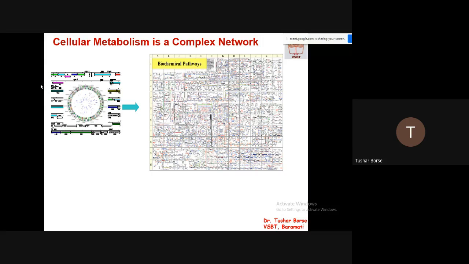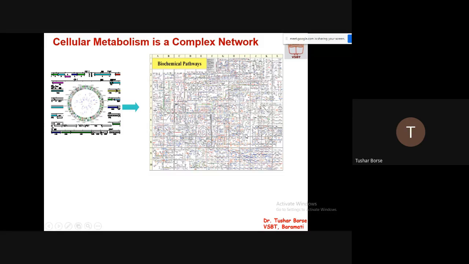Within this genome, you may also have variation in the expression of the genome. So the complexity, what I mean to say, is with respect to all these things: thousands of genes which are very, very tightly regulated. But these genes are responsible for carrying out this whole lot of complexity of cellular metabolism.